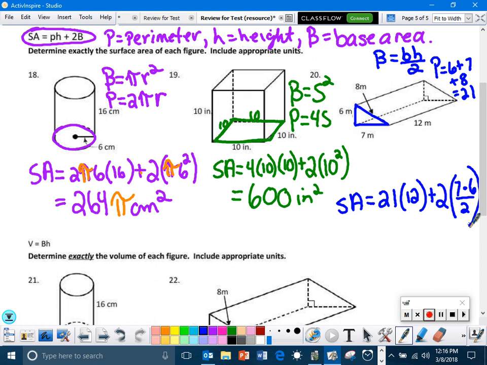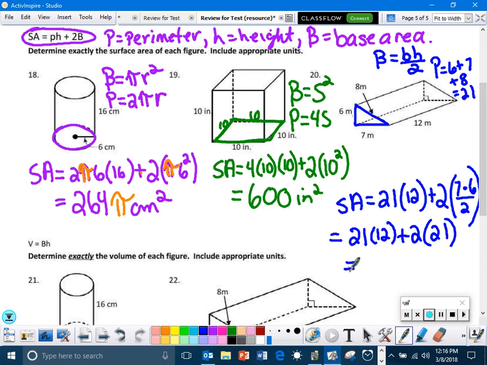Okay, so I'm going to type that, well, I'm going to simplify a little bit further here. So I've got 21 times 12 plus 2 times, okay, I need to figure that out. So let's see, 7 times 6 is 42. 42 divided by 2 is 21.